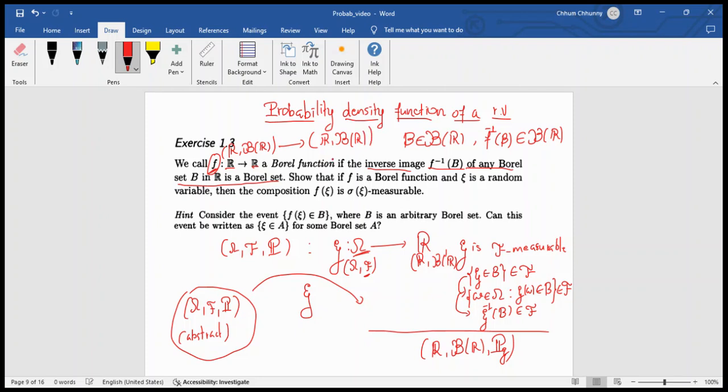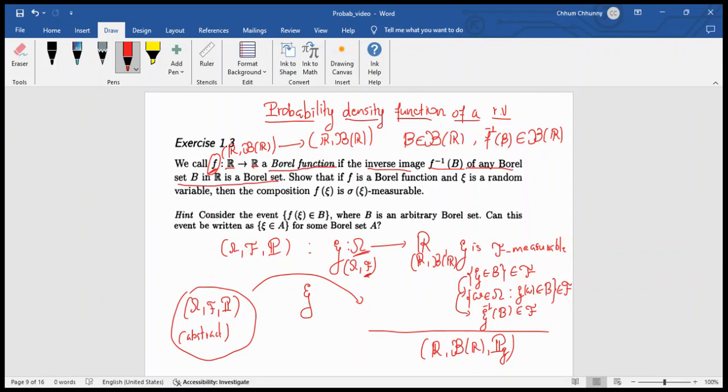What I am trying to tell you is that f and psi are in the same situation. The difference is that the sigma algebra in the domain of psi is any sigma algebra generated by Omega, but the sigma algebra in the domain of f is the one generated by R. So f is what we call a Borel measurable function, or Borel function.